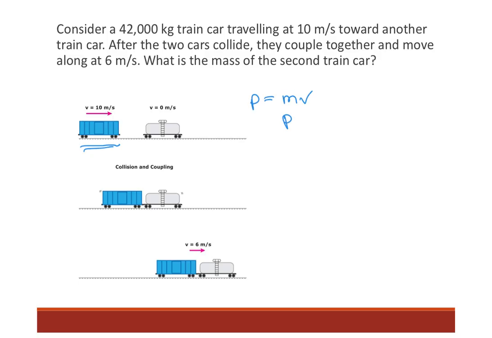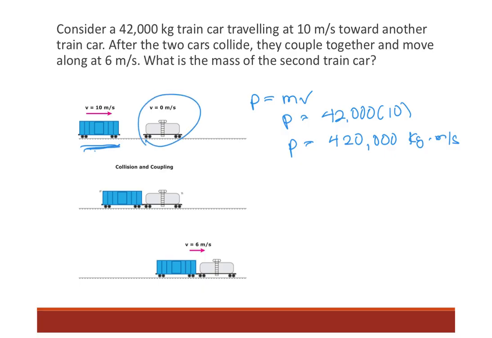And so our momentum will be our mass, 42,000 kilograms, times our velocity of 10 meters per second, which gives us a total momentum of 420,000 kilograms times meters per second. With that strange unit, remember, that happens when we multiply these units together for momentum. So that's the momentum of this first train car.